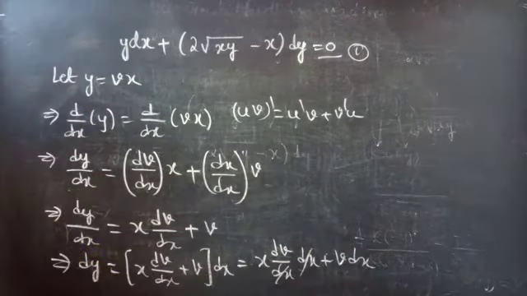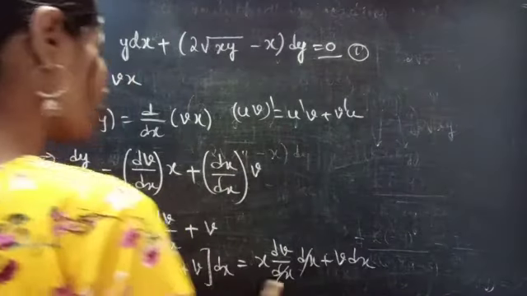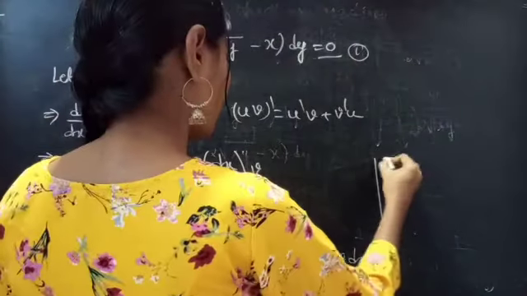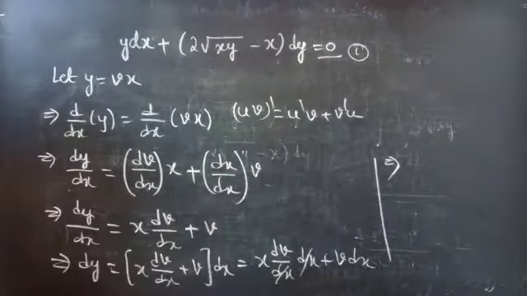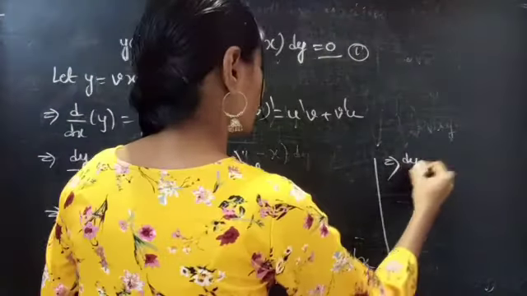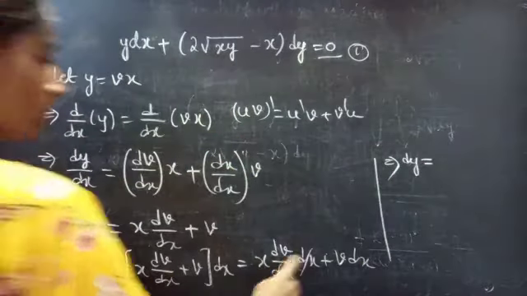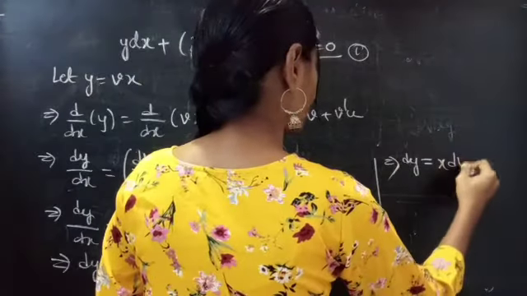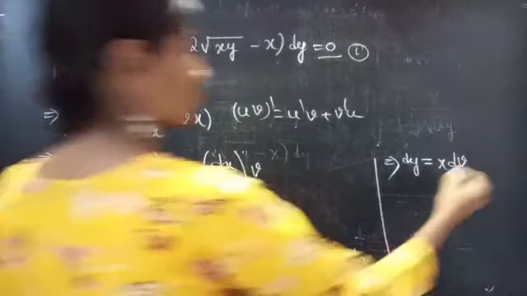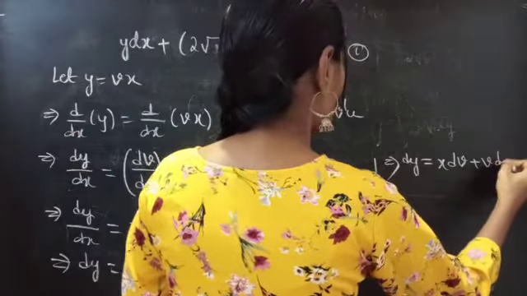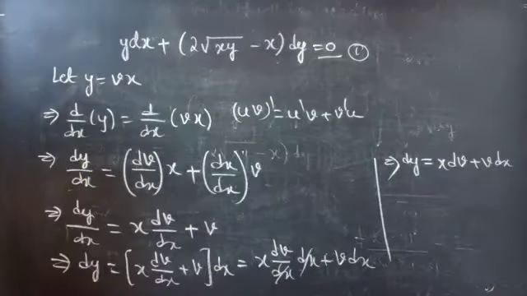Here dx by dx is 1, so you'll get dy equals to x dv plus v dx.